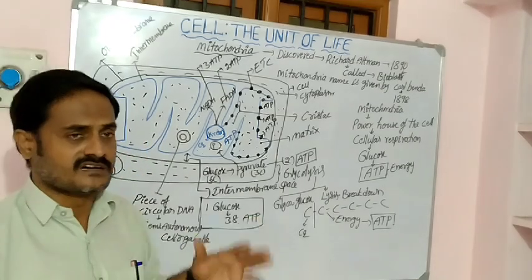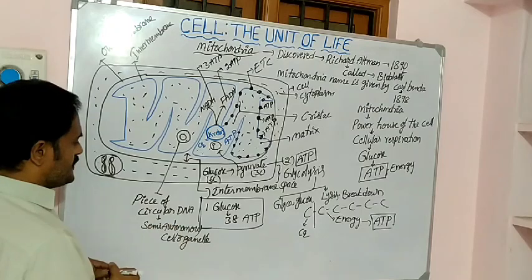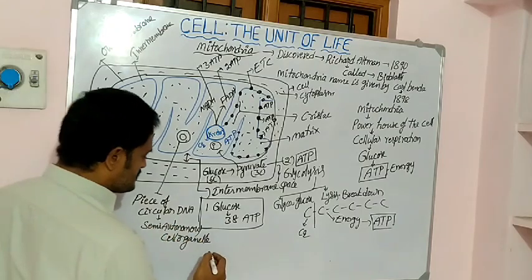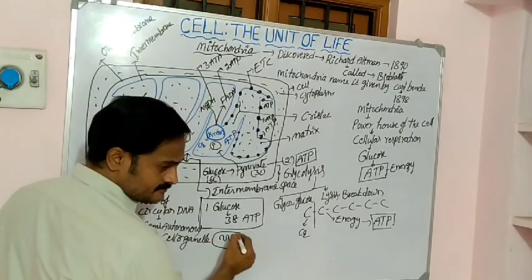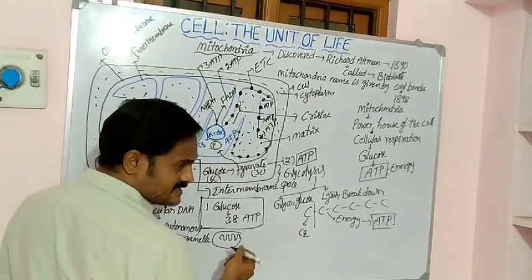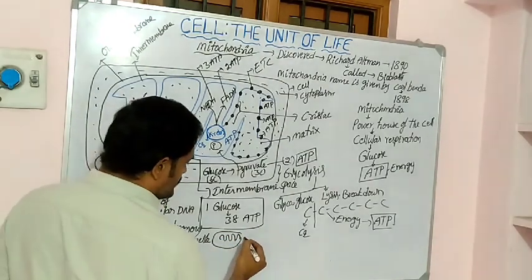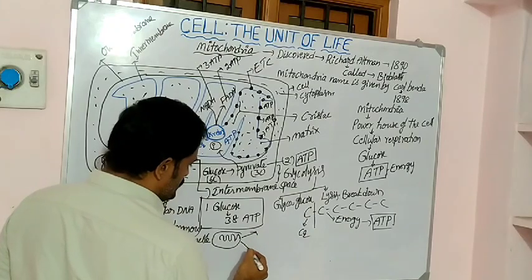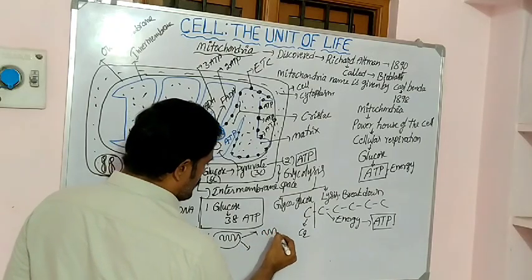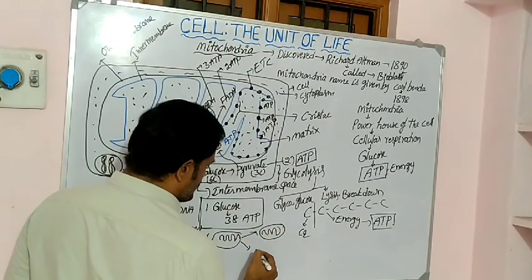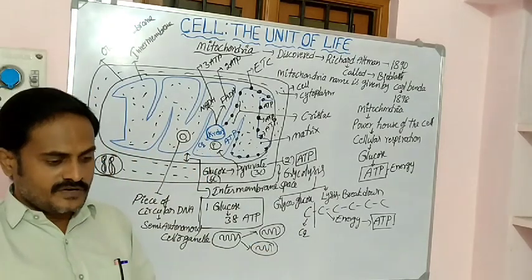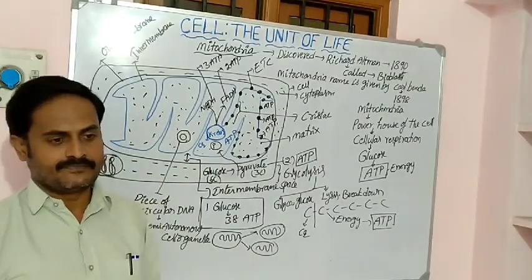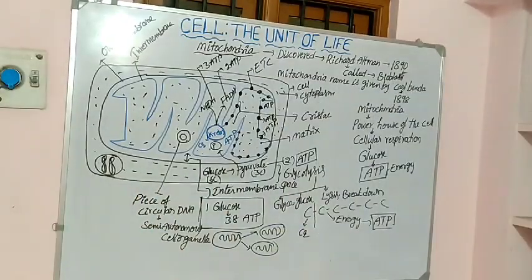Semi-autonomous means, suppose it is one mitochondria, and this mitochondria is able to produce some new mitochondria with the help of circular DNA.